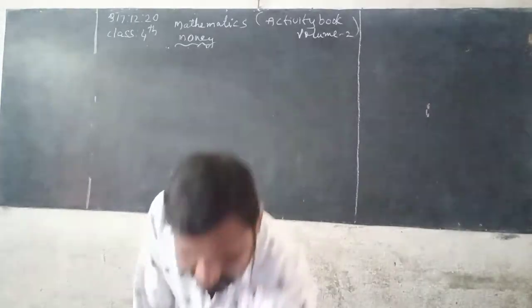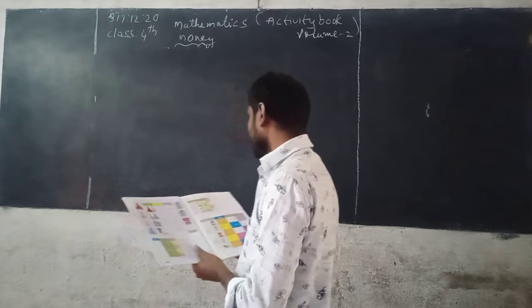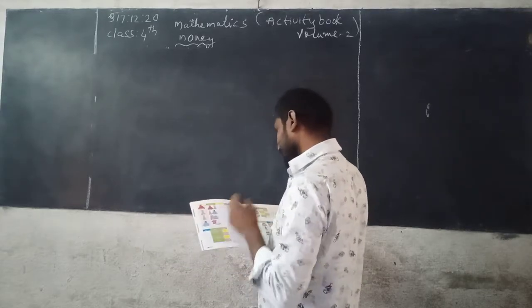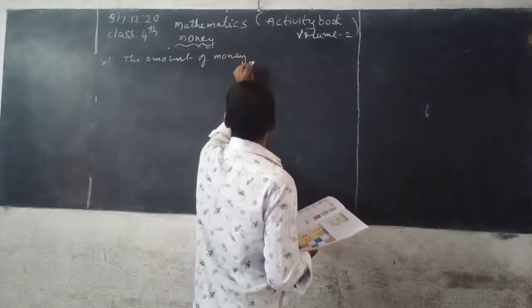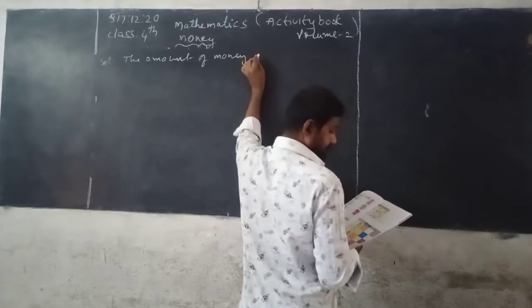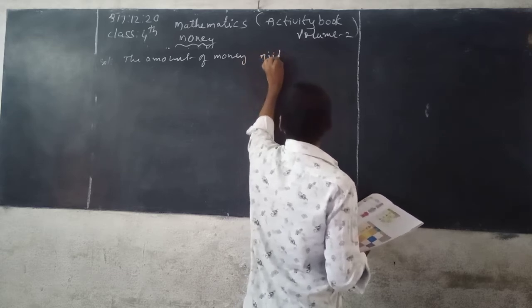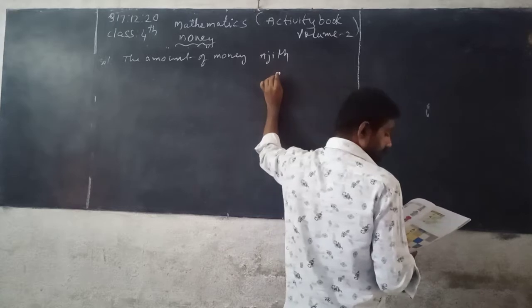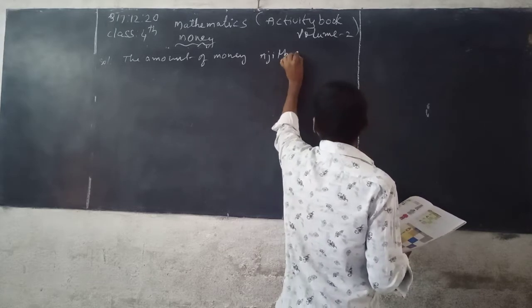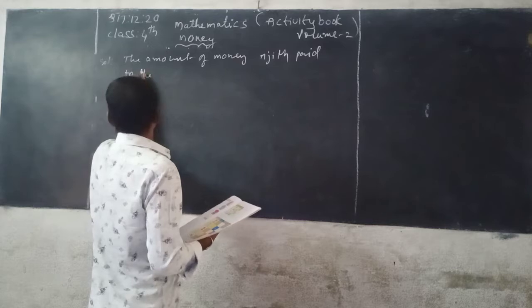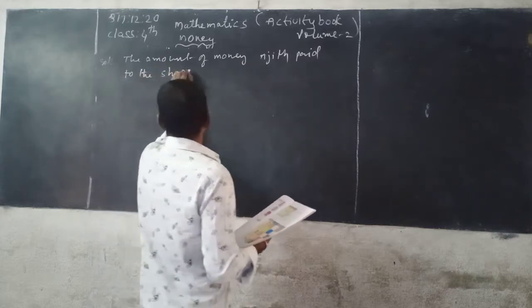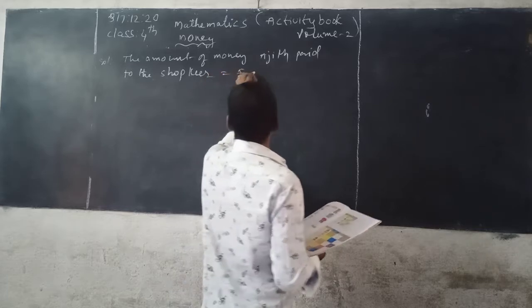So first one, solution. The amount of money Ajit paid to the shopkeeper is equal to 500 rupees paid.